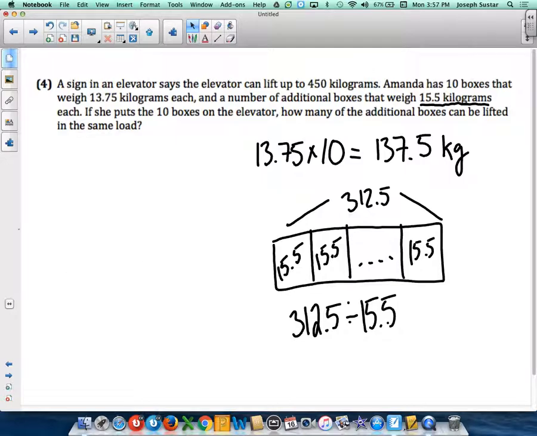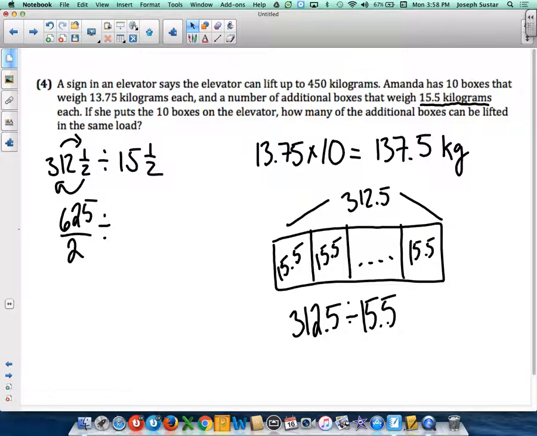A couple ways to do this. I'm going to write these as fractions. So I'm going to write 312 and 1/2 divided by 15 and 1/2. Let's change those to fractions greater than 1. So 2 times 312 is 624, plus 1 is 625, over 2, divided by 2 times 15 is 30, plus 1 is 31 over 2.